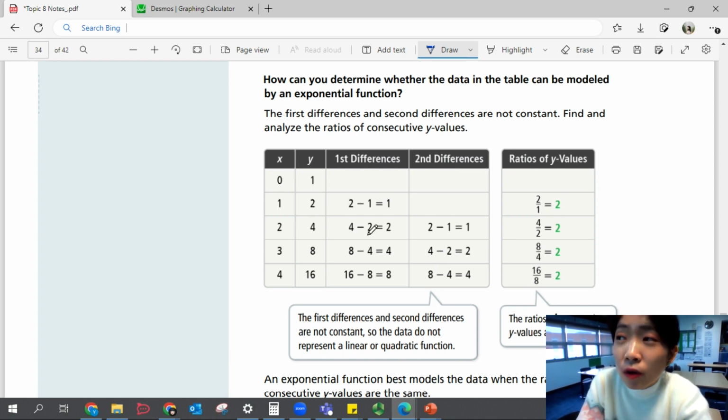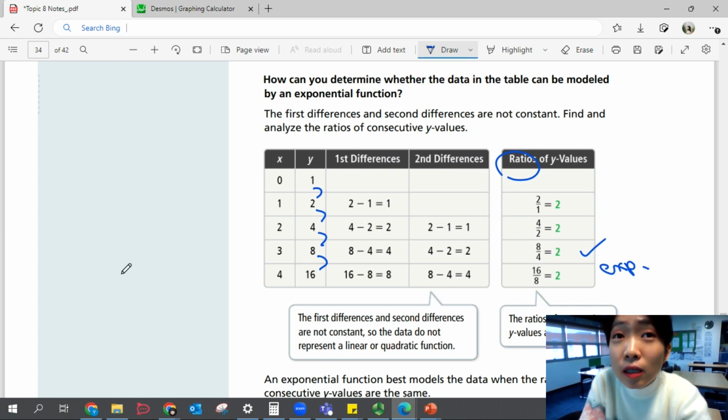Okay, don't look at first and second. We're going to look at the y values again and figure out the ratio. 2/1, 4/2, 8/4, 16/8, are they the same? Okay, we're going to look at the ratios of them, not the differences, the ratio. So you divide them, and they're the same. So this is when the exponential function is the best.